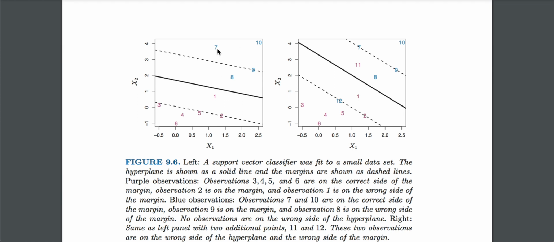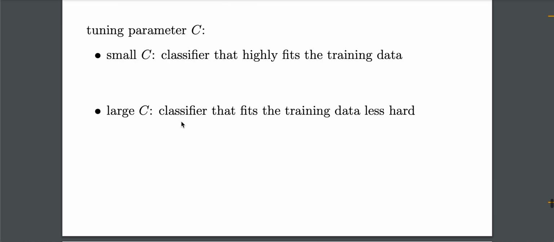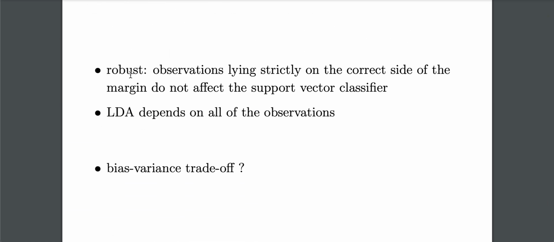As long as 7 remains on the correct side of the margin, the classifier will not change. The moment it gets in the margin or on the wrong side, things will change, obviously. But as long as it's on the correct side, nothing will change. The same thing for 6 and 4, and maybe 5, yes. As long as they remain here, we can just move them around. We can just drag 6 to here. Nothing will change in terms of this hyperplane. That's what we mean by robustness.